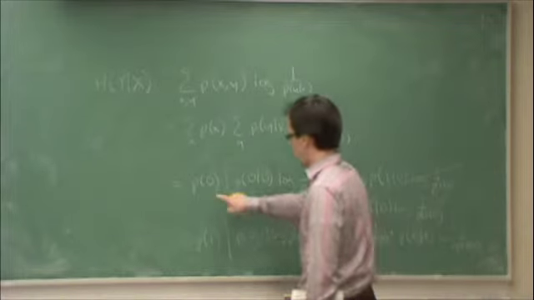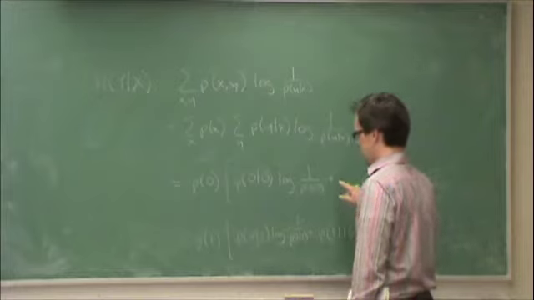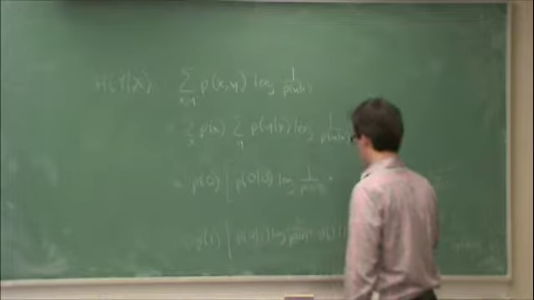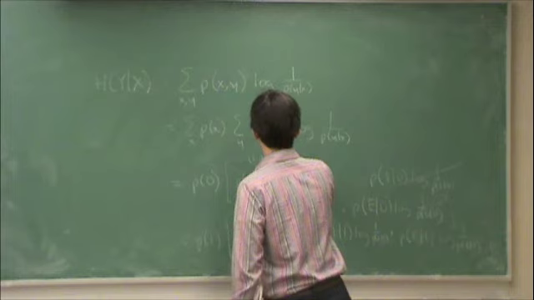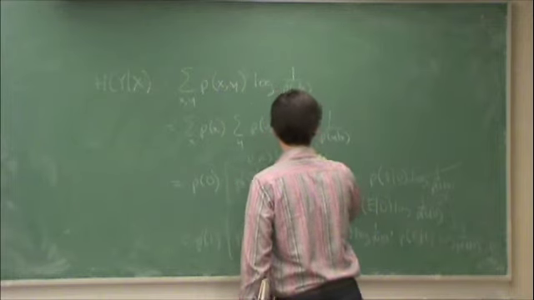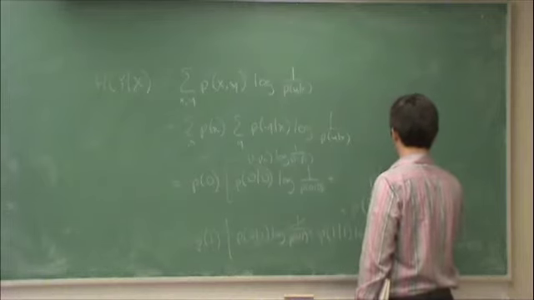So this is p0, similar. So let me write this. 1 minus pe log 1 over 1 minus pe, and this is pe log 1 over pe.